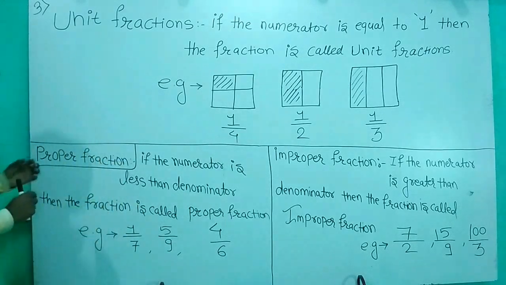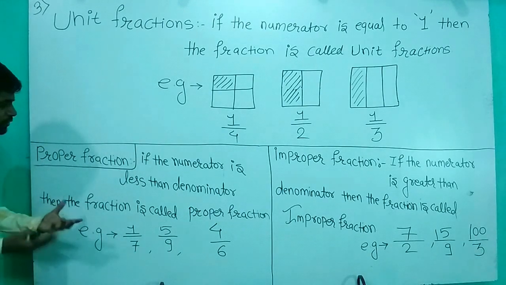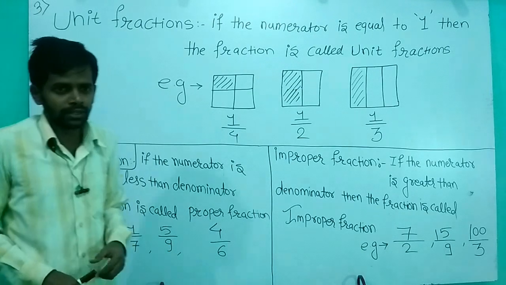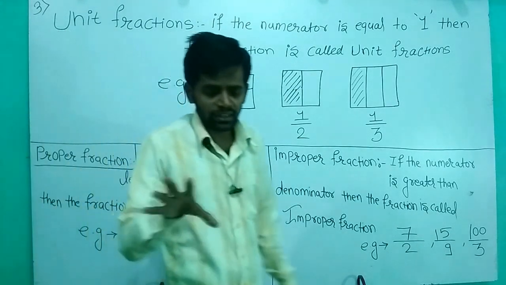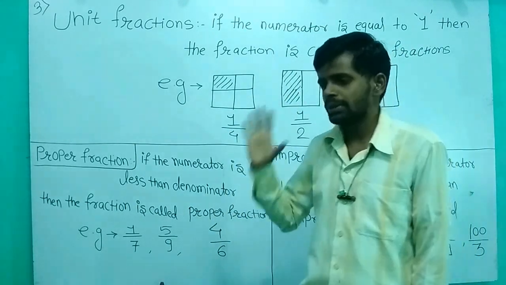ठीक है, ओके. That means proper fraction: a fraction whose numerator is smaller than the denominator is called a proper fraction. प्रॉपर फ्रैक्शन एक ऐसा फ्रैक्शन है जिसका न्यूमरेटर छोटा है और डिनोमिनेटर बड़ा है.